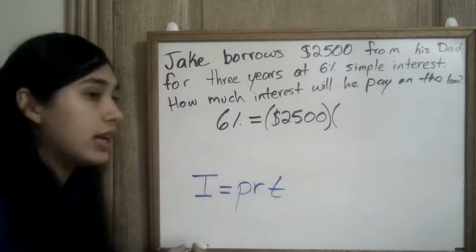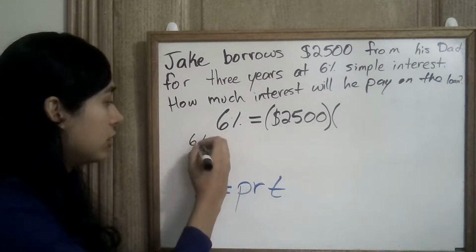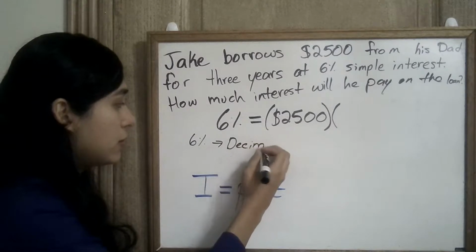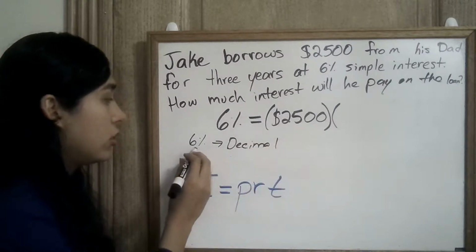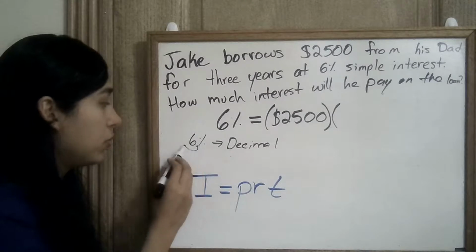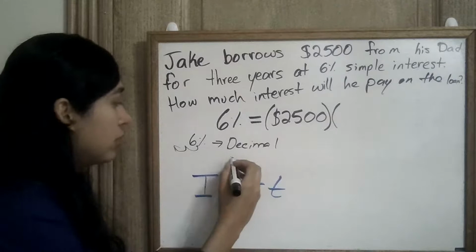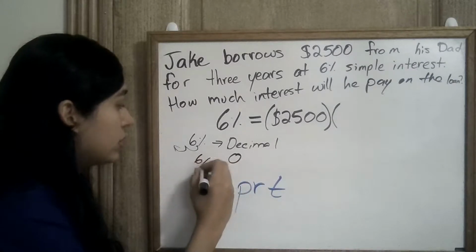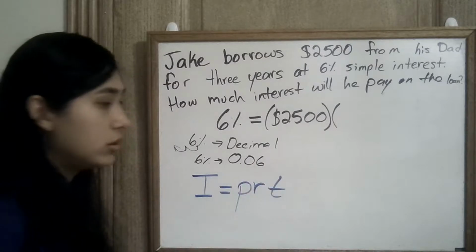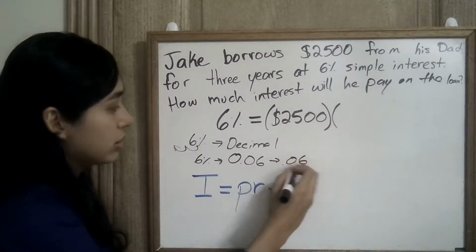We're going to rewrite that as a decimal. So 6%, you want to go to decimal. We know that the decimal place is right here. We're going to move it 2 times to the left. So 6% will become 0.06.